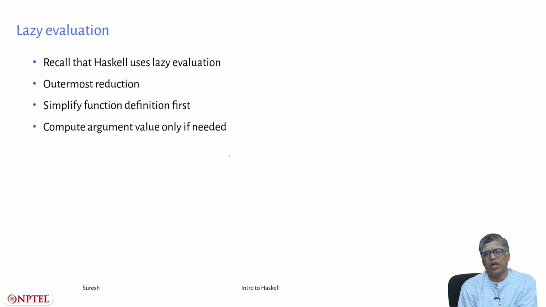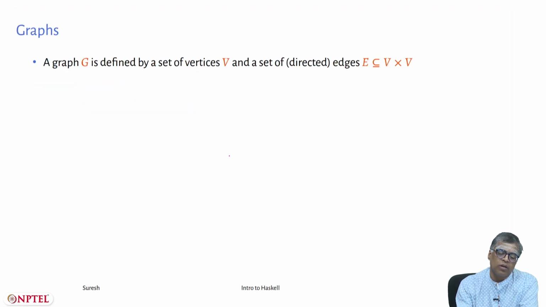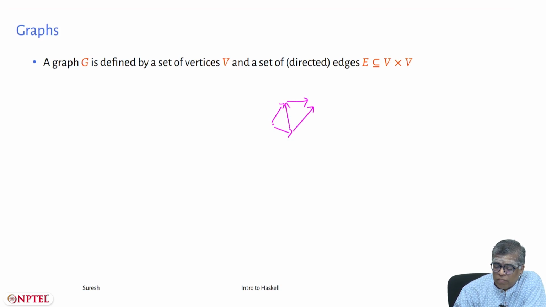We will see how lazy evaluation helps when we try to represent the notion of a graph and when we try to solve some problems involving graphs. So a graph G is defined by a set of vertices V and a set of directed edges E, a subset of V cross V. Typically you would draw it as pictures. You might give the vertices names like this, and you have edges from 1 to 2, 1 to 3, 4 to 1, 2 to 4, 3 to 4, and 3 to 2.